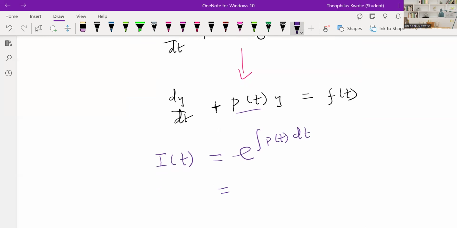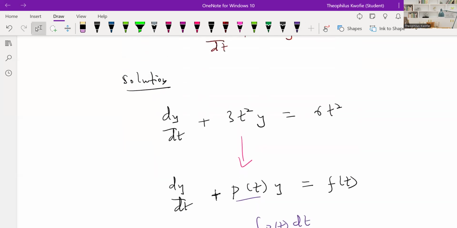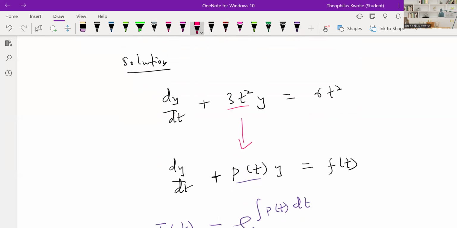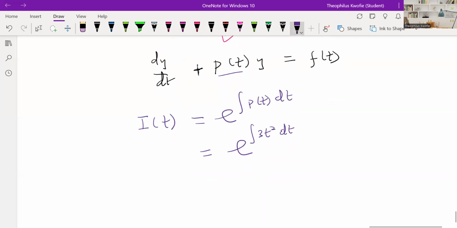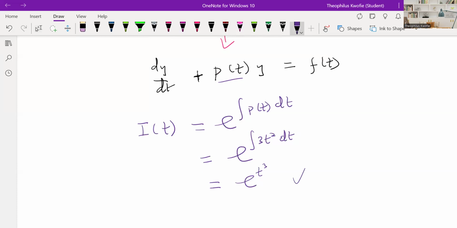Now, if we look at the given problem, the p of t is this particular term, which is 3t squared. So we're going to have the integral of 3t squared dt. Now, what is the integral of this? We increase the power of t by 1, then divide by the increased power. So in that case, we're going to have t to the power 3. Okay, so this is going to be our integrating factor.